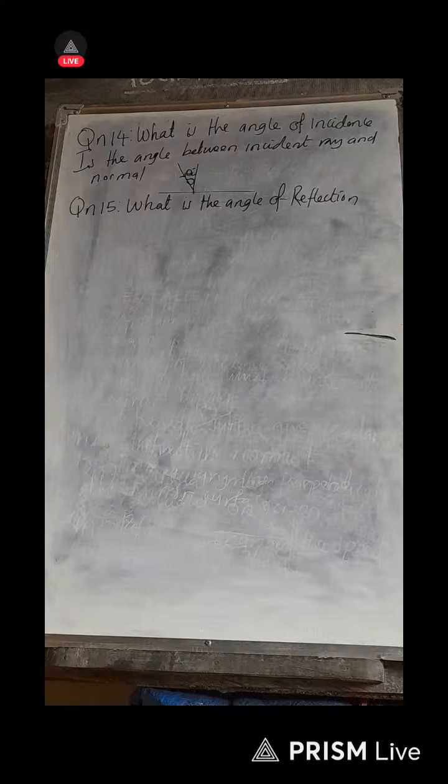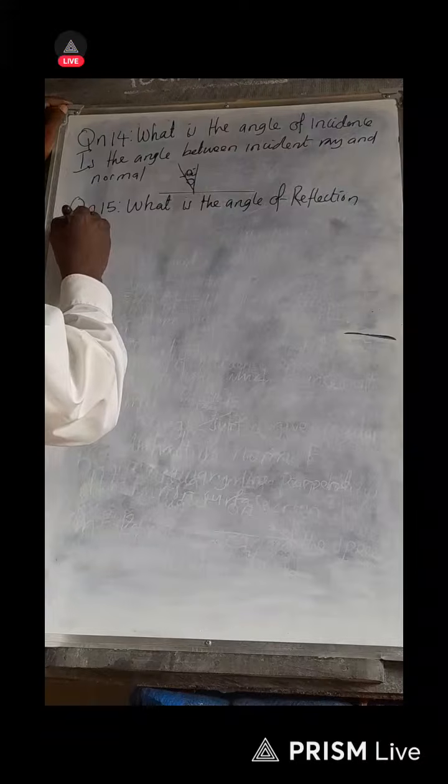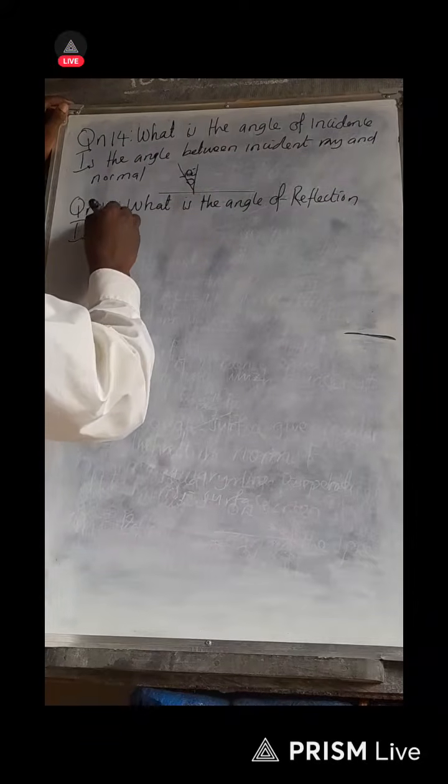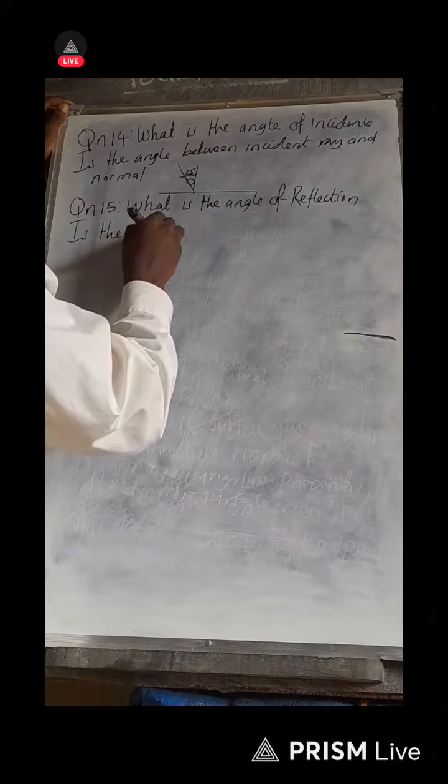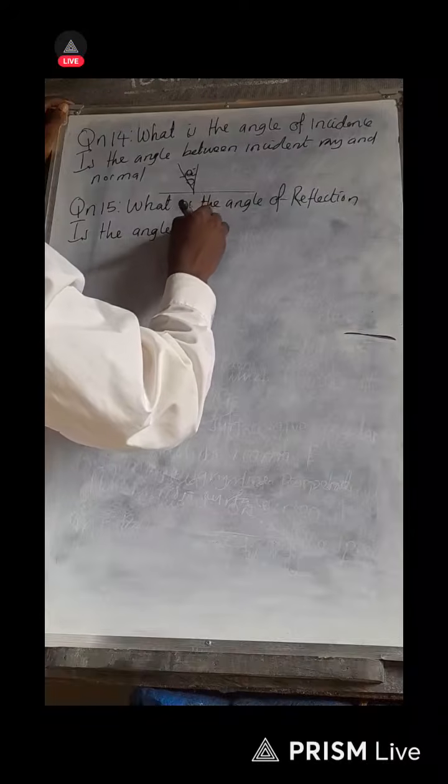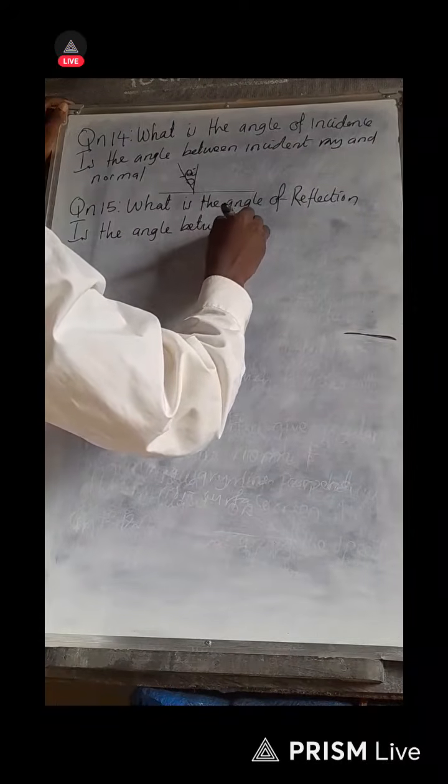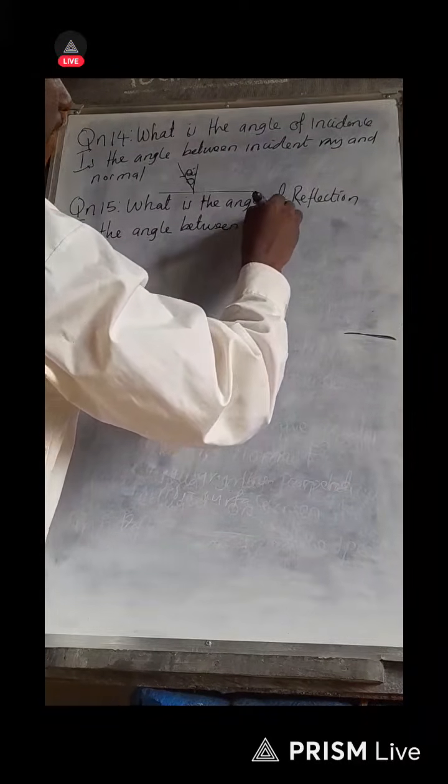And finally, we can say the angle of reflection is the angle between the reflected ray and the normal.